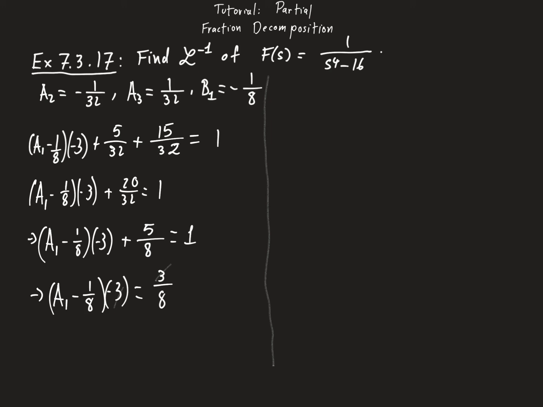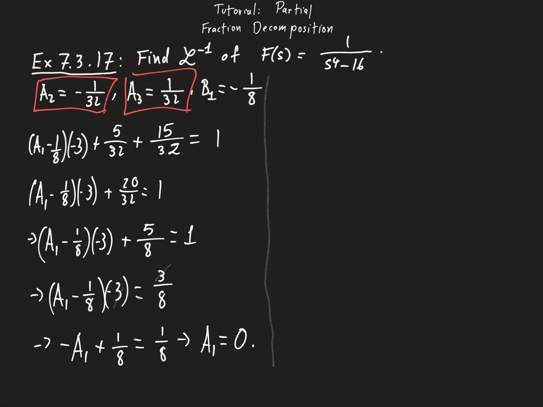And this will give us now that negative a1 plus 1 over 8 is equal to 1 over 8. And this, of course, gives that a1 has to be equal to 0. All right, we have solved our system of equations. We have gotten our 4 unknowns solved for now.